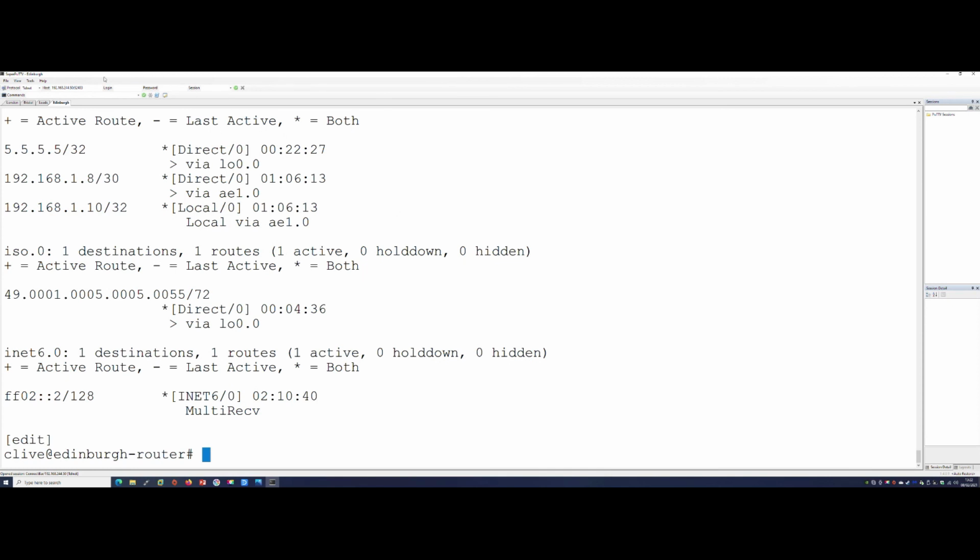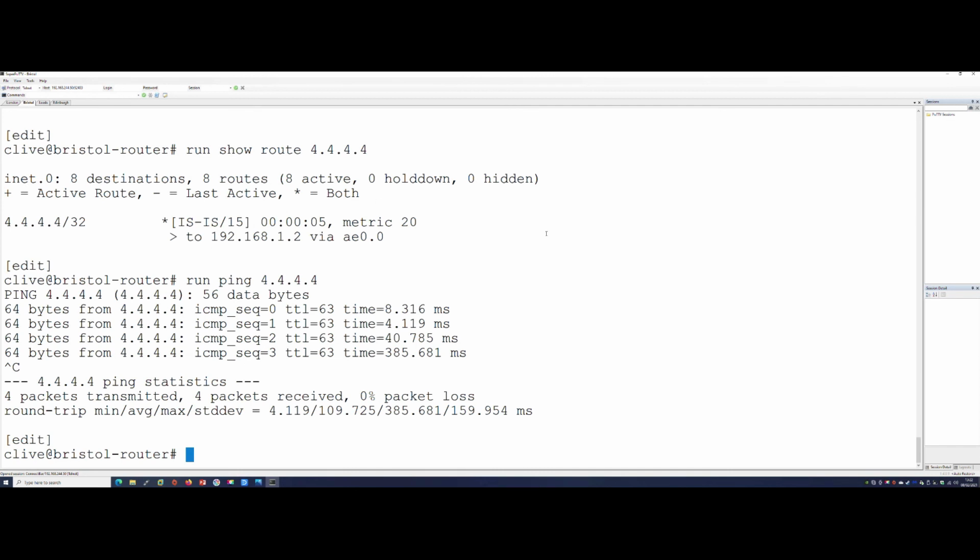So what we need to do now is Edinburgh connects to Bristol. So let's do Bristol next. So on here, we're going to do set protocols IS-IS level 1 authentication key. It has to be the same across all systems that you want involved in this.